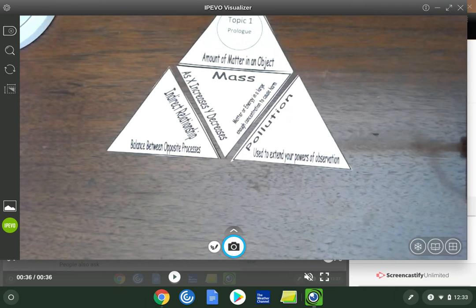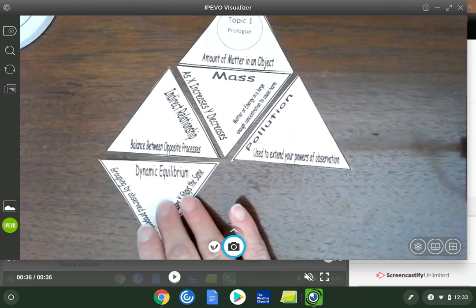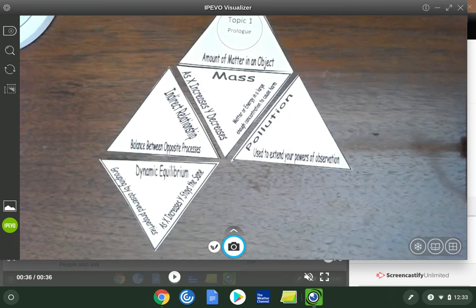Oh, if it's a balance, that means it's going to be equal: dynamic equilibrium. And we keep going from here. As x increases, y stays the same. So if x increases, y stays the same, we would look for that one. If you get stuck on one, do another one.